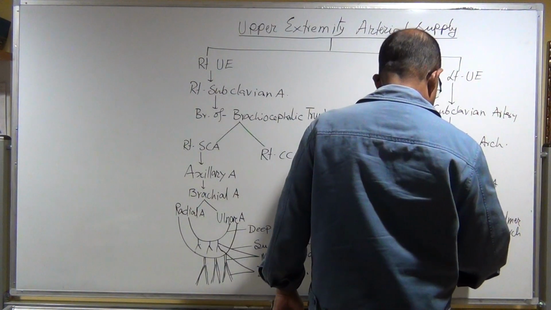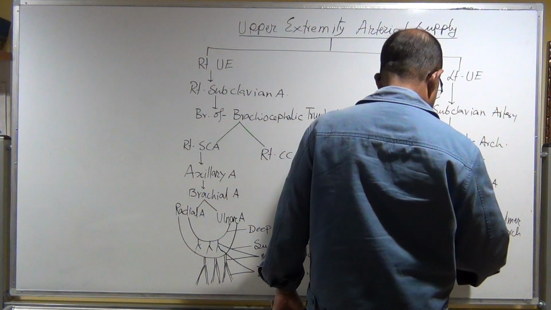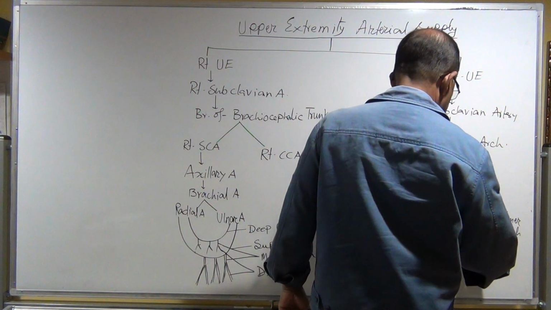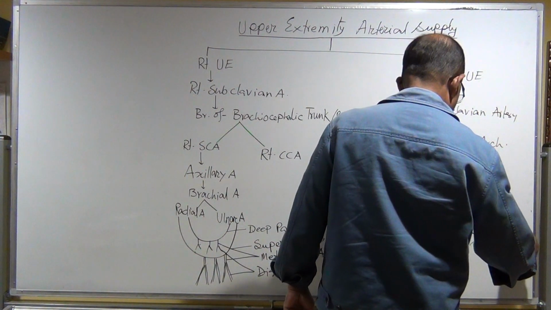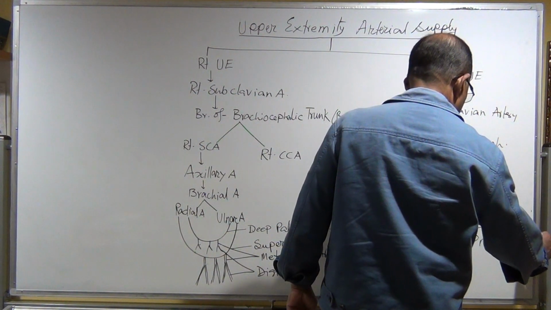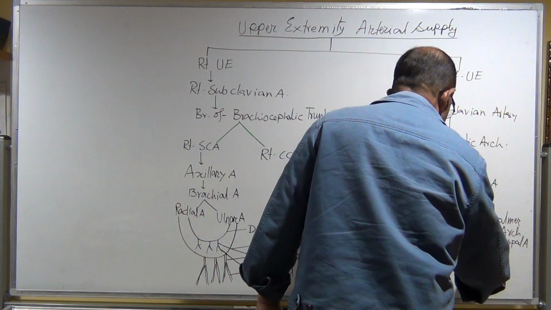From the palmar arch there is the metacarpal artery, and from the metacarpal artery there is the digital artery.